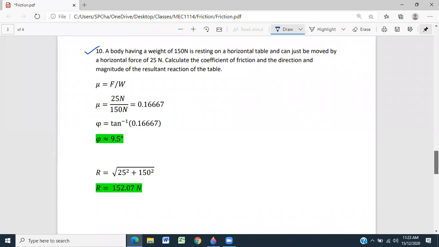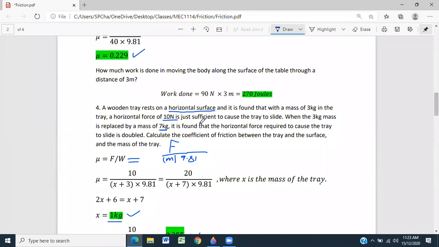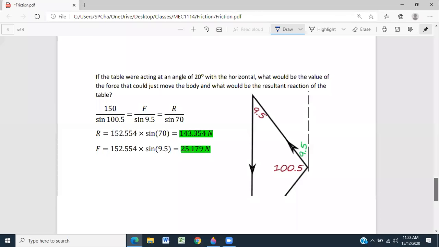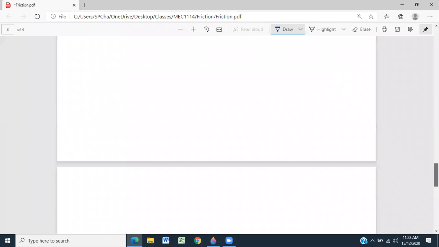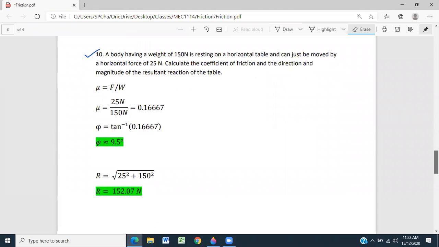So number 10, and maybe 4 and 5. Number 10 is one you want to focus on for the test, and 4 and 5. One of those. I don't know which one. And as we work, you can kind of see which one would test yourself the most. So that one would be most likely to come.